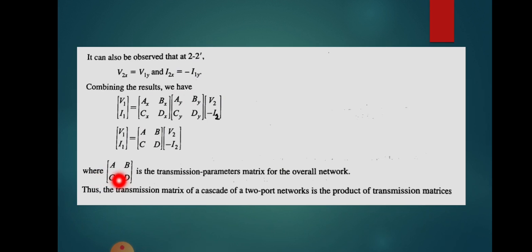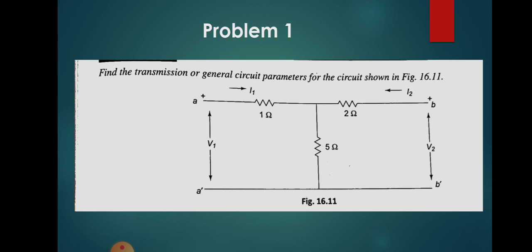So here ABCD is called the transmission parameter matrix for the overall network. Thus the transmission matrix of a cascade of two-port networks is the product of the transmission matrices of the individual networks. That's the thing that you should remember when you are cascading two networks: the overall transmission matrix will be the product of the individual transmission matrices.